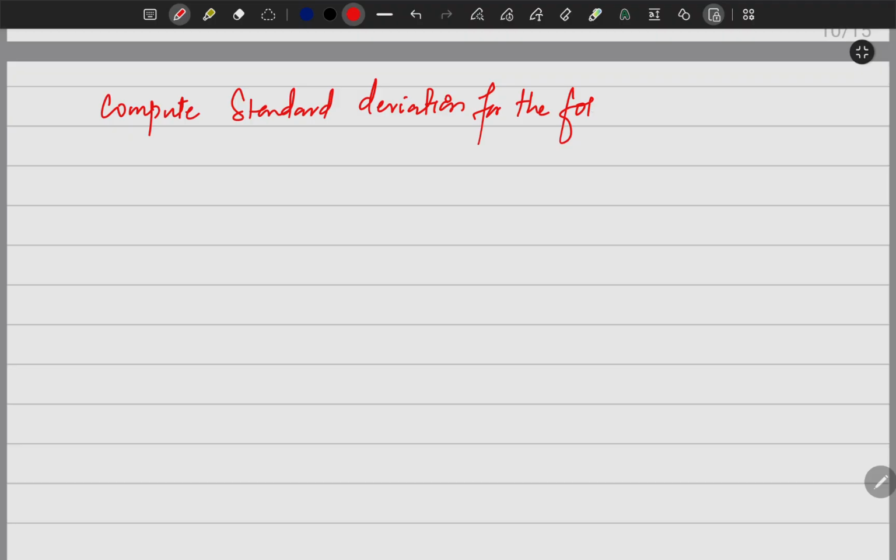One last problem we will practice. So you have to compute standard deviation for the following data. The data is, you have the class intervals, and you have the frequency.